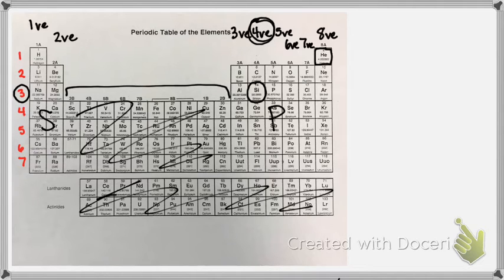So first of all, something that we worked on last semester was electron configuration. 1s2, 2s2, 2p6, 3s2, 3p2. This is the electron configuration for silicon and no other element. Silicon has 14 total electrons, not valence electrons, but total.